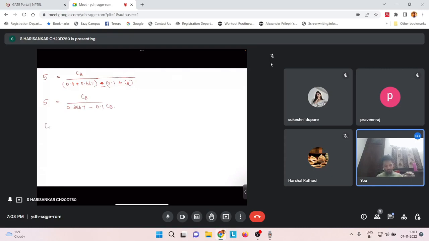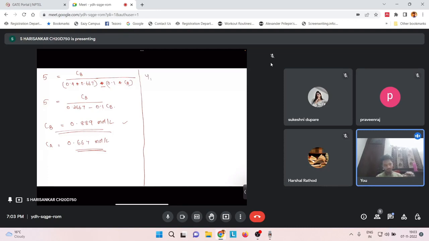So Cb will be 0.889 mole per liter. Okay, so now we have the concentration of Cb, and Ca we found out as 0.667 mole per liter. So now we can substitute these values in the formula for yield of B and we can find the required answer.